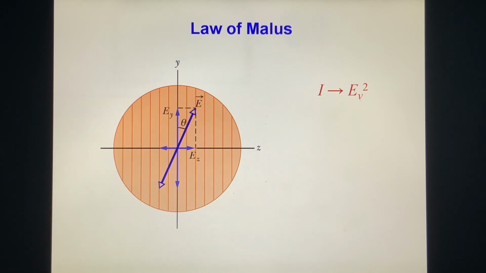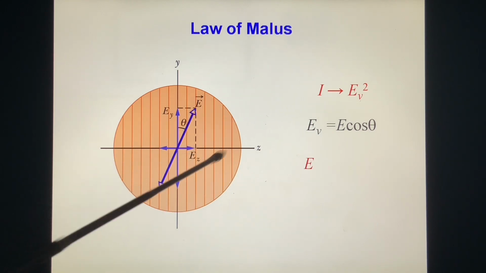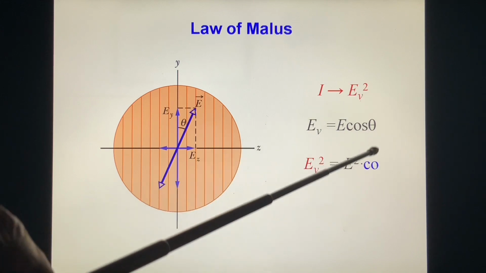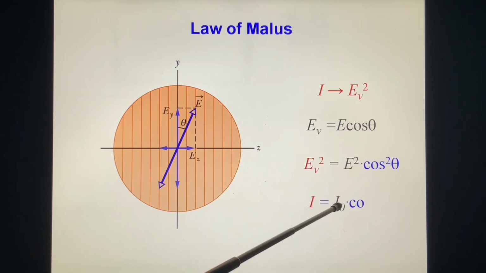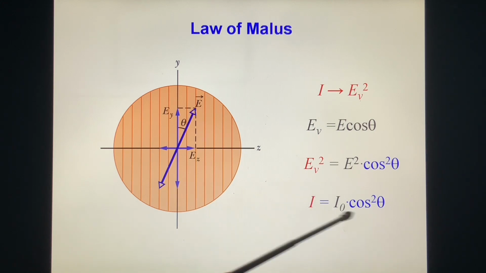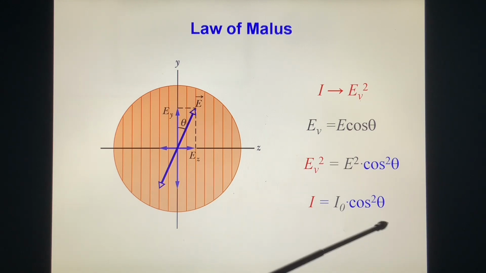Since the intensity is proportional to E squared, we find E_y equals E cosine theta, and the intensity is the square. So the intensity passed is the original intensity times cosine squared theta. This is the law of Malus: I equals I0 cosine squared theta. Theta is the angle of this E to the y-axis.